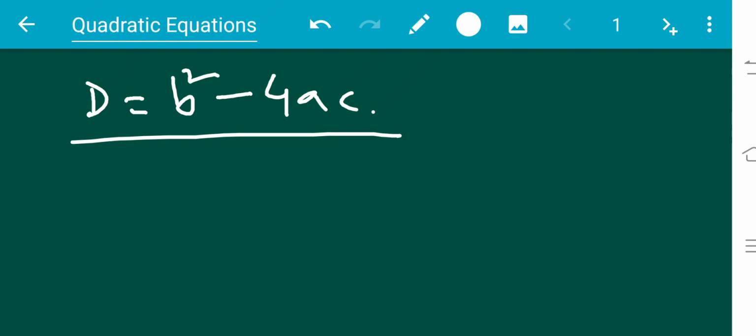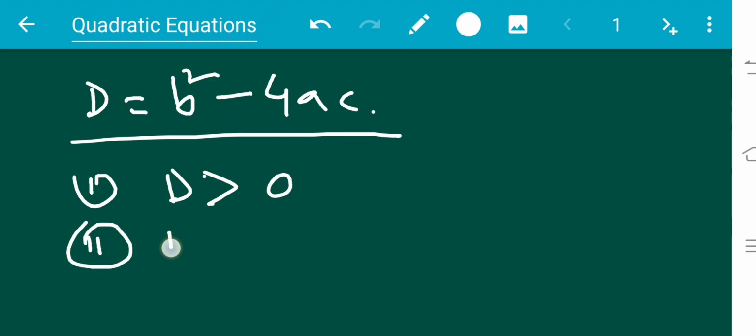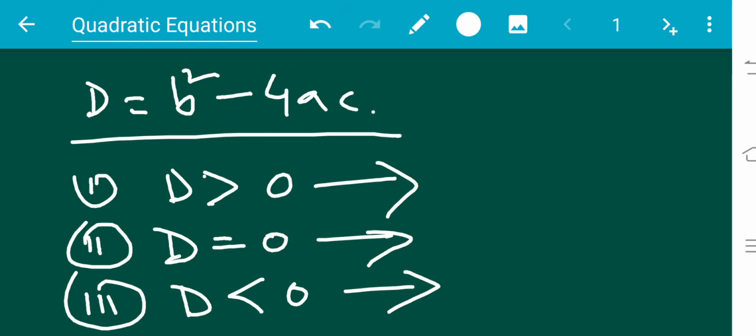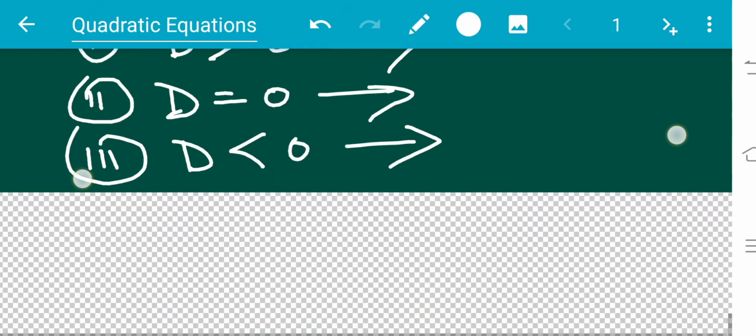We have three cases of d: first, d is greater than 0, second, d is equal to 0, and third, d is less than 0. For these three cases we have three options for the roots.